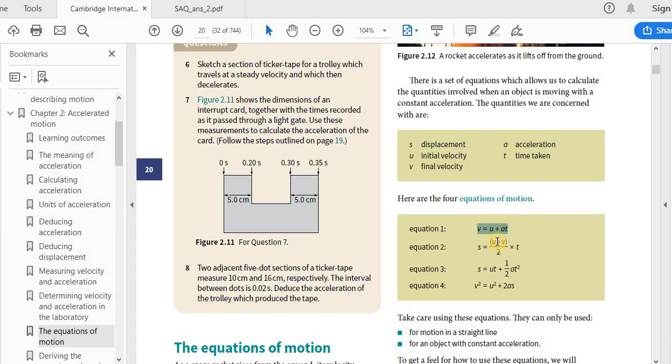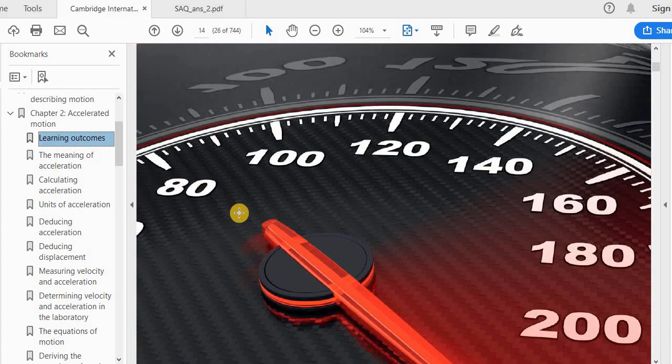If you rearrange, if you make A the subject of the equation, you get the equation for the definition of acceleration. Let's say you make A the subject here, then A is equal to V minus U over T. The change in velocity over the time is the acceleration. Okay, then we'll go back to what we were doing.